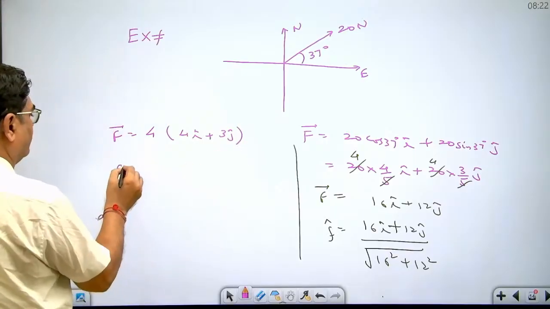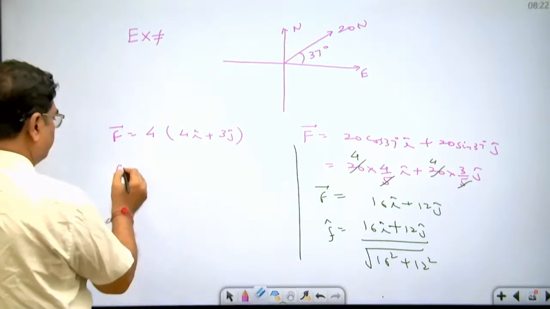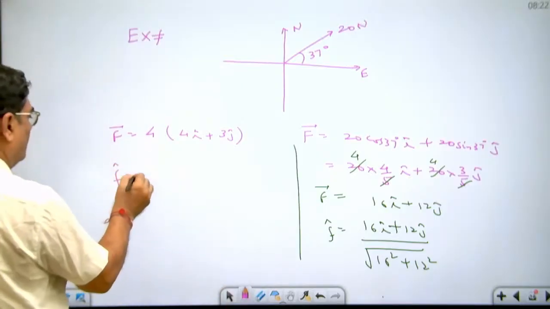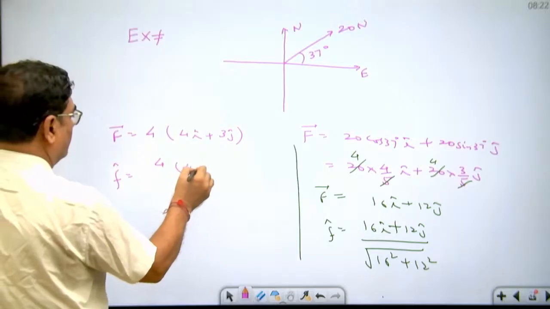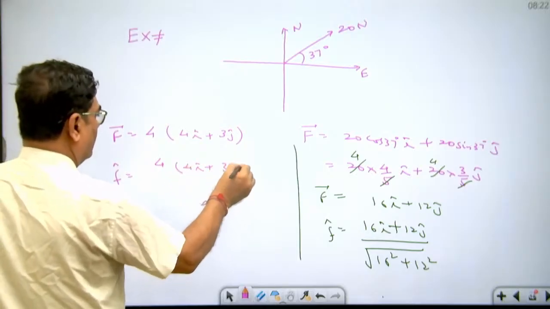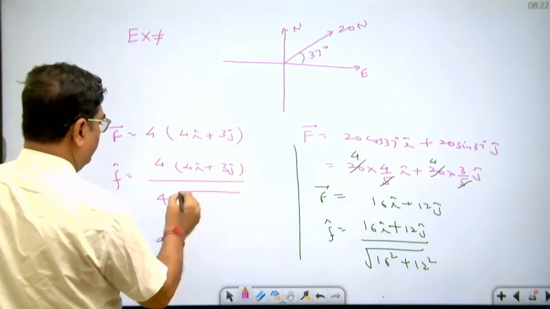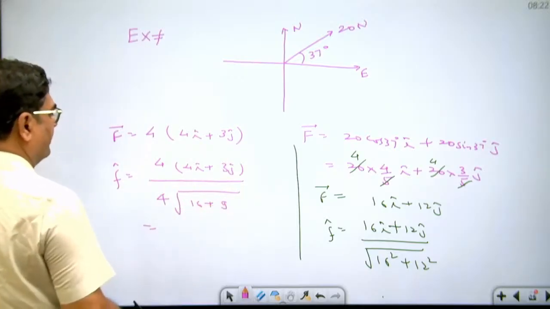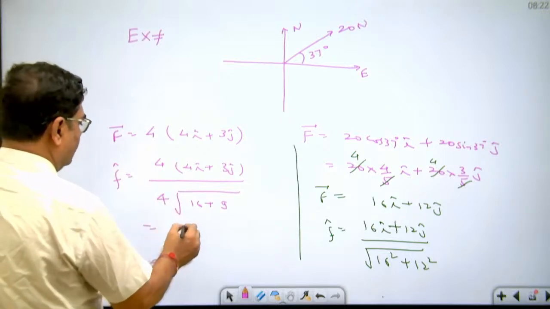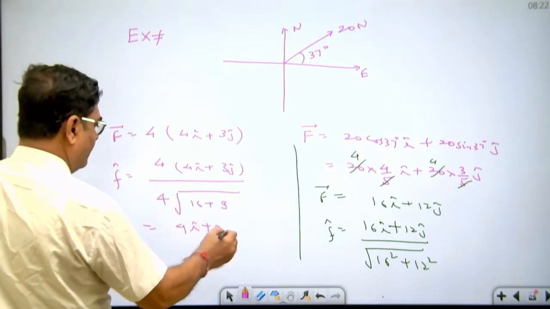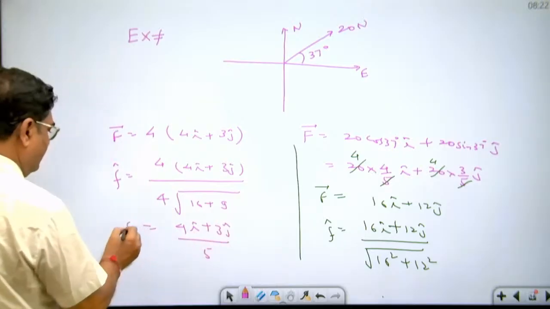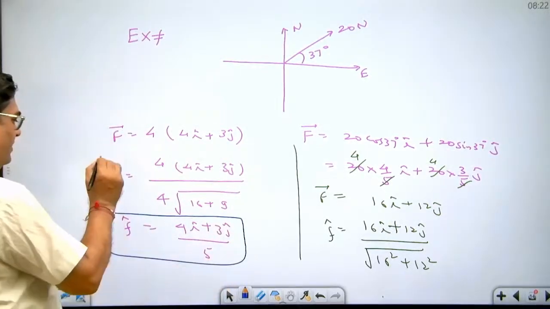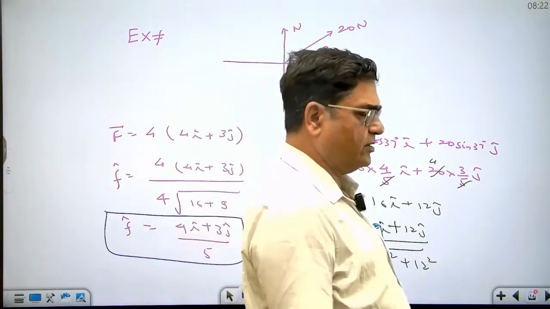Now it is very easy to find the unit vector: vector divided by magnitude of vector. 4 multiplied by root of 4 square, which is 16, plus 3 square, which is 9, 16 plus 9 is 25, under root 25 means 5. The 4s will get cancelled, so the answer will be 4i cap plus 3j cap divided by 5. This will be the unit vector in the direction of the given force vector.